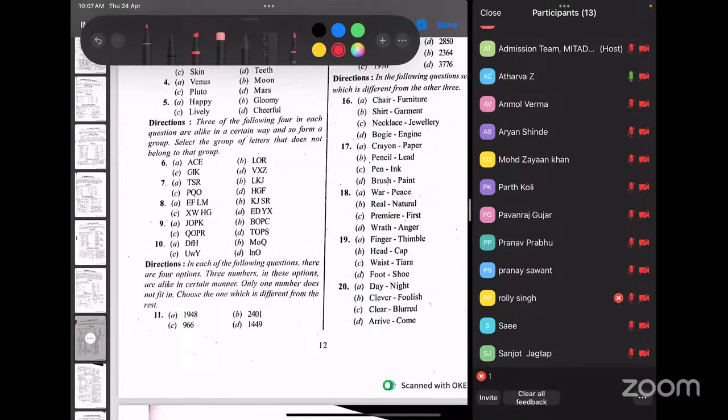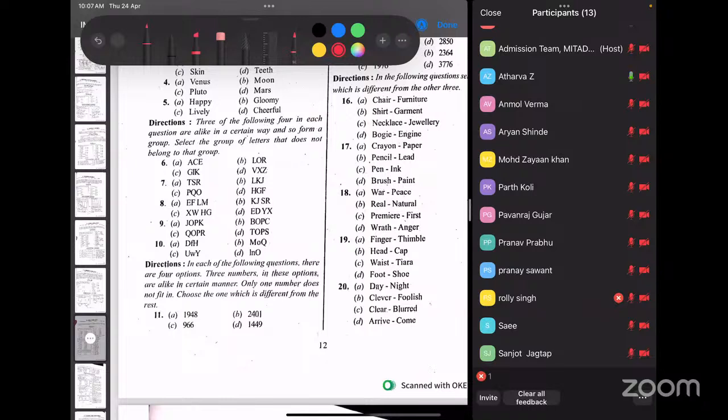Option B. How? Sir, B and C are not very close to OP.